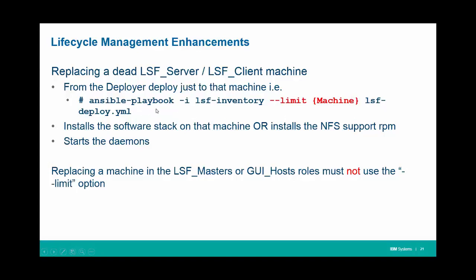That will install the software stack on that machine, or at least perform the RPM installations for an NFS install, and it'll start the daemons, and then boom, that machine, that you've replaced, will now join the cluster, and you'll see it up and running when you look at, say, bhosts or lshosts.